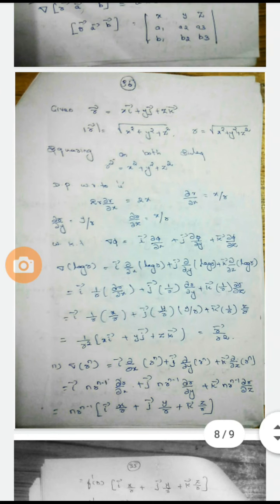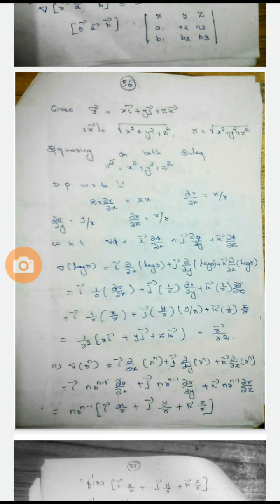What is given? r vector equals x i vector plus y j vector plus z k vector. So modulus of r vector is equal to root of x square plus y square plus z square, and the modulus of r vector is r. So r is equal to root of x square plus y square plus z square.